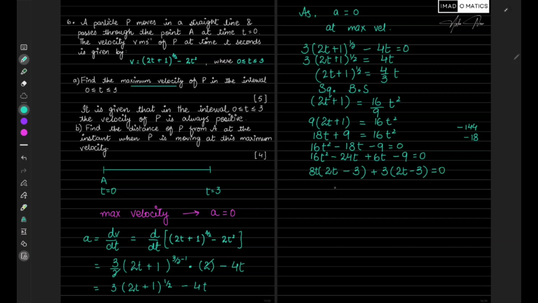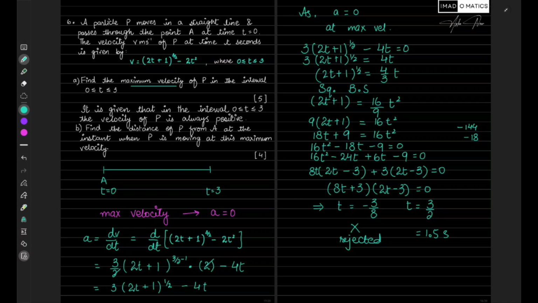So it turns out to be 8t plus 3 and 2t minus 3 equals 0. This implies that t equals minus 3/8 or t equals 3/2. Obviously time cannot be negative, so this is rejected, and t turns out to be 3/2 or 1.5 seconds. This is the time at which we will have maximum velocity.